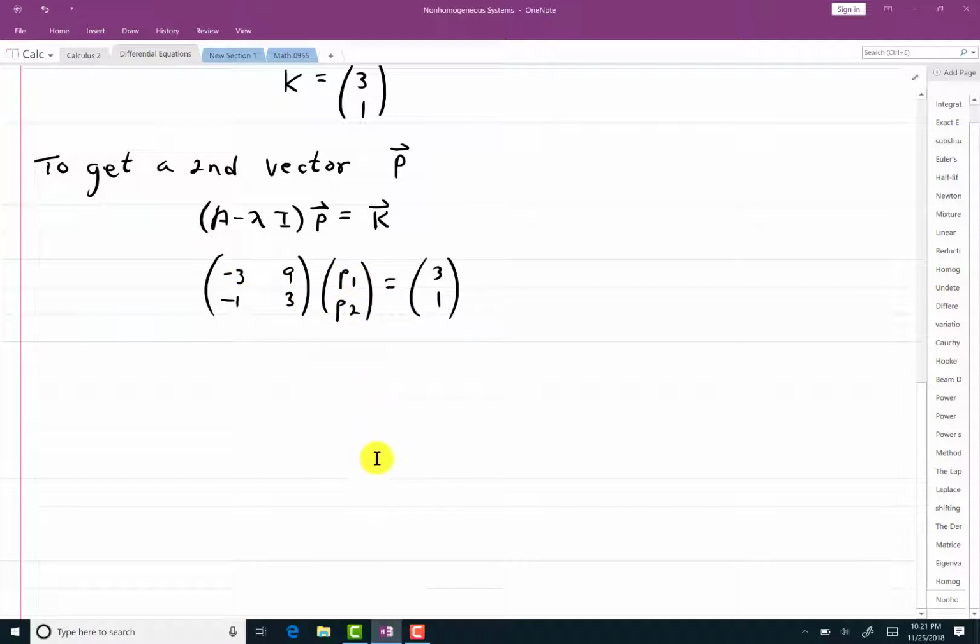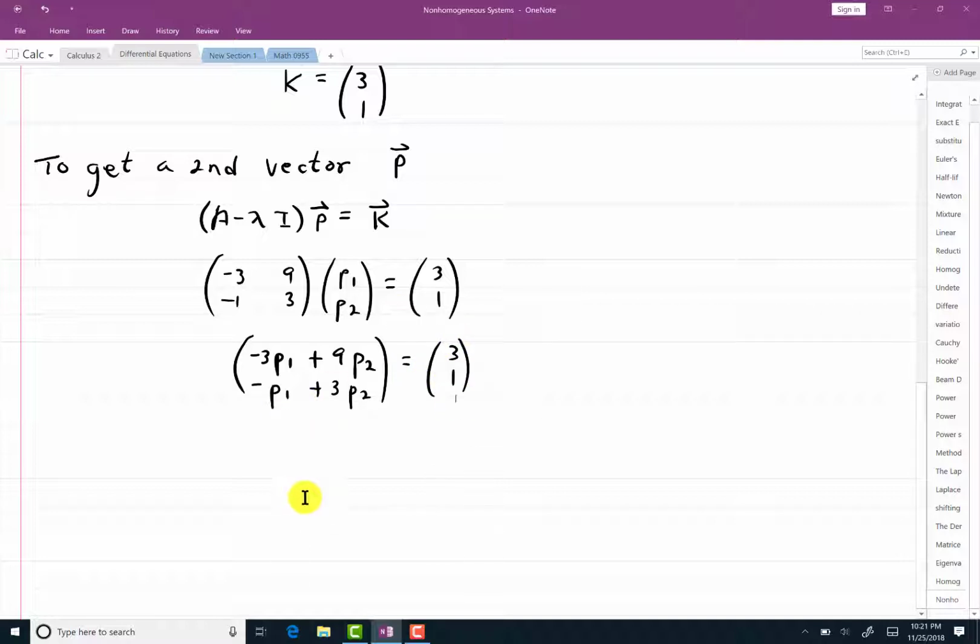I'll multiply this through. On the left, I'll get negative 3p1 plus 9p2 and then I'll get negative p1 plus 3p2, and that equals 3, 1.